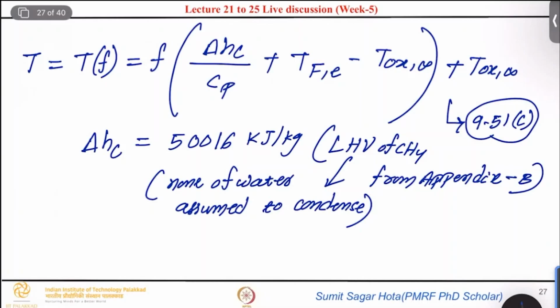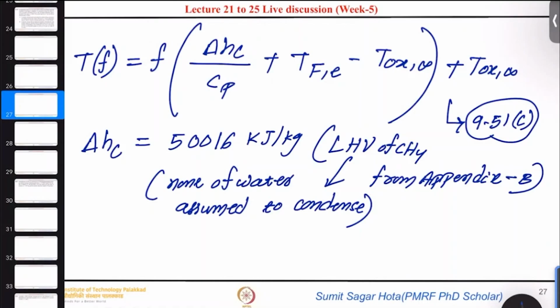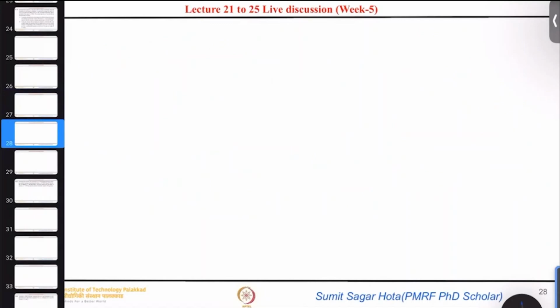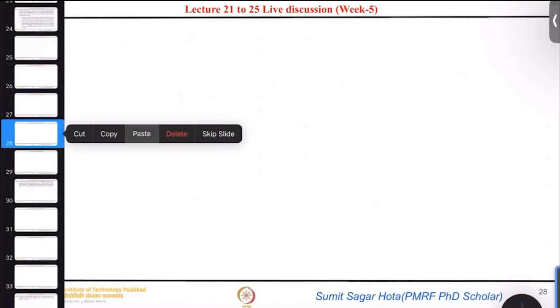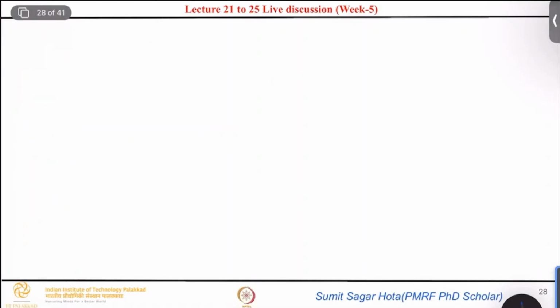Now here we directly find the value of mixture fraction F. F is equal to, just rearranging the previous equation, we get this.